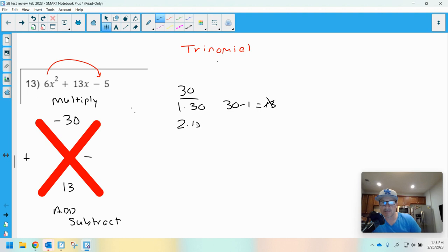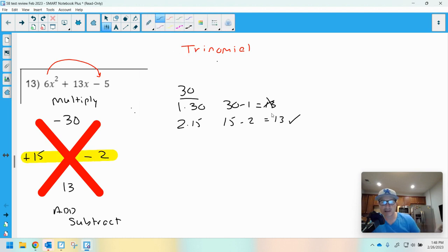Let's take 2 and 15. Big number 15 minus small number, does that equal 13? I believe it does. We got to watch our signs. This is plus 15 minus 2. 15 minus 2, if you put in your calculator, will give you 13. So we found our 2 numbers on the side of the X there.